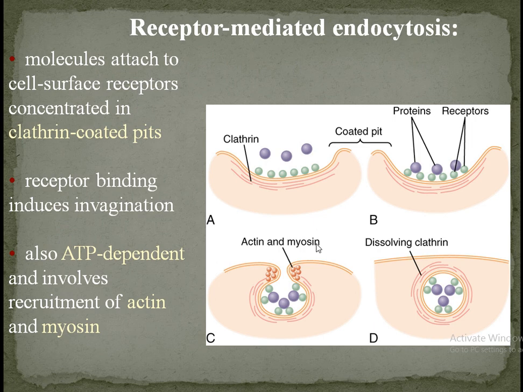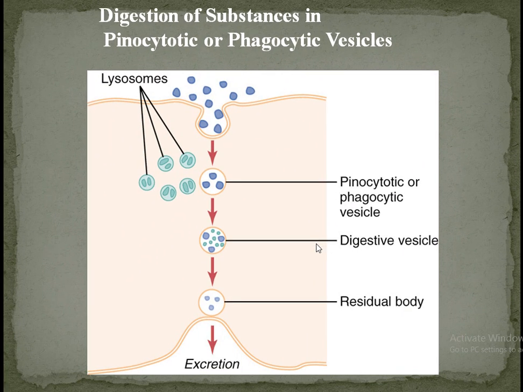The process of endocytosis is mainly of two types, pinocytosis and phagocytosis. The difference is just the size of the substance molecule. If it is of smaller size, the process is called pinocytosis, and if the molecules are of larger sizes, it is called phagocytosis.